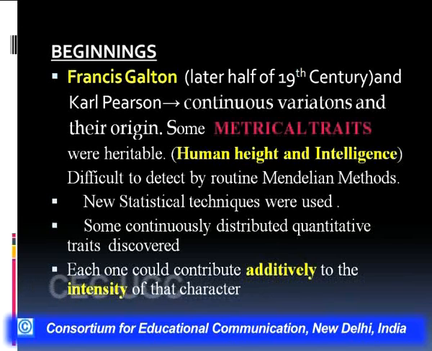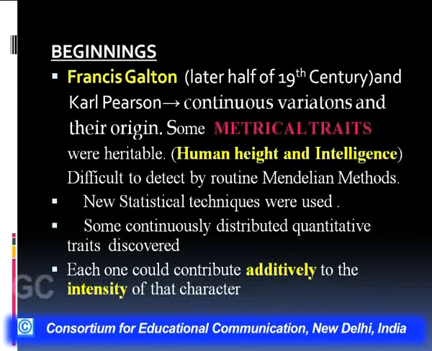We would not go into the controversy of eugenics, but it was very difficult to detect the inheritance patterns of intelligence and human height with the help of routine or conventional Mendelian methods. So, if such particular traits were really heritable, how could we detect them?